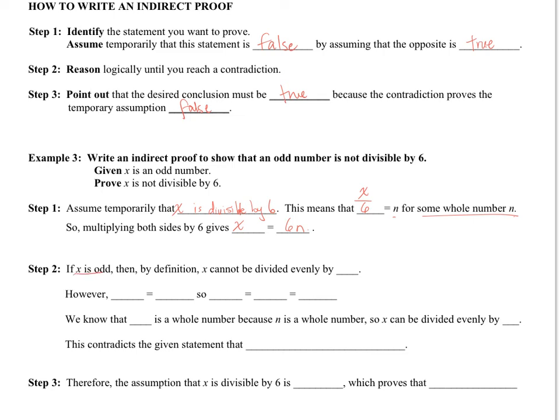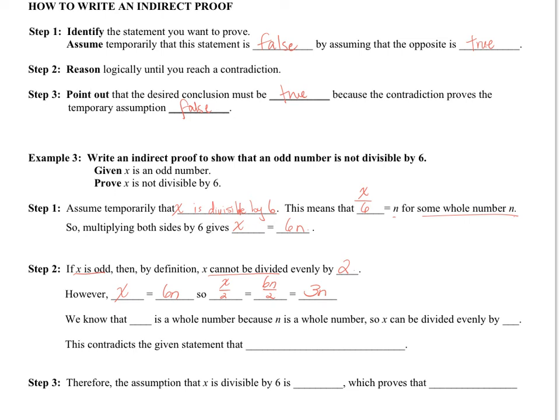Now we need to start to reason logically until we reach a contradiction. So given that x is odd, by definition x cannot be divided evenly by 2. However, from step 1, we stated that x equals 6n. And if we divide that by 2, it works.